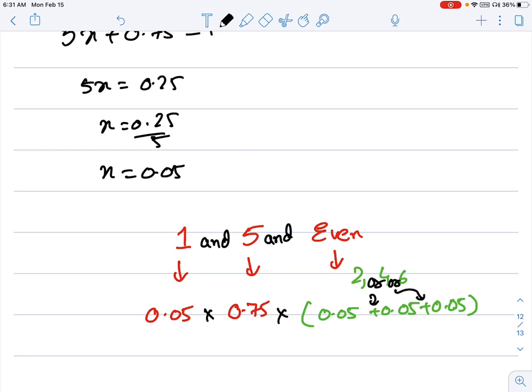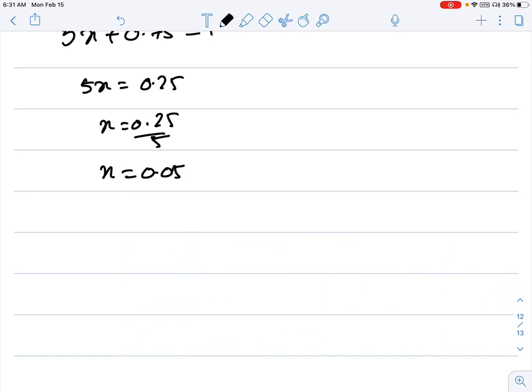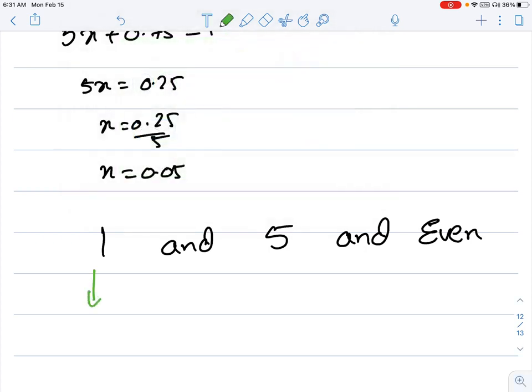So let me write it out neatly in detail. It should be 1 and 5 and even number. Probability of 1 is 0.05, and means multiplication. Probability of 5 is 0.75, and means multiplication.